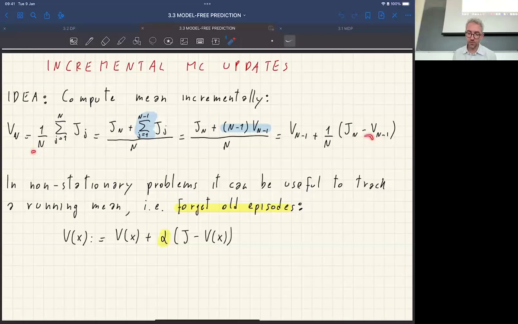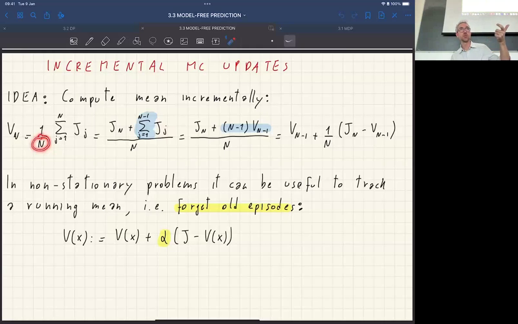And you just need to go through these simple mathematical steps. So the estimate of the value after you have collected n samples can be computed as the summation of the cost to go for every time you have visited that state divided by capital N. This is the way it is computed in the previous slide.